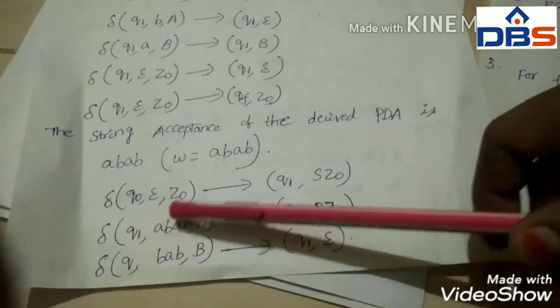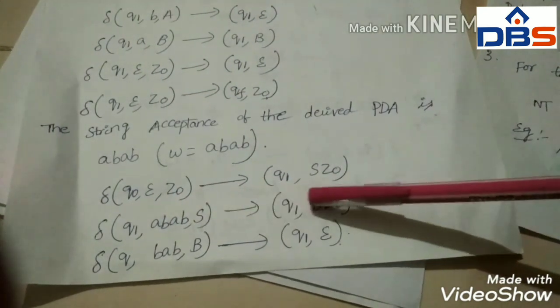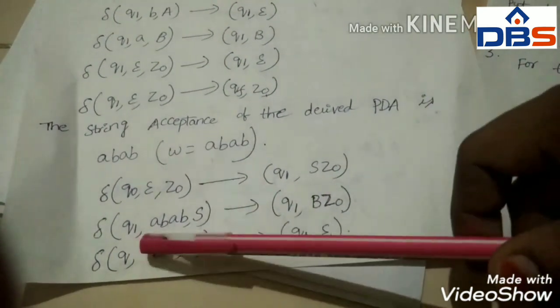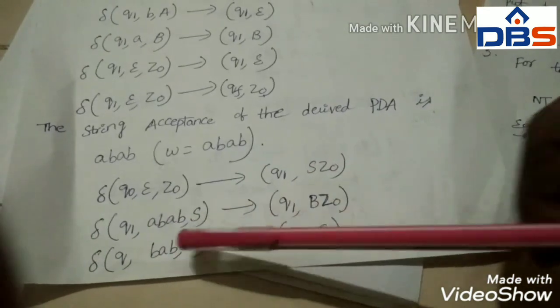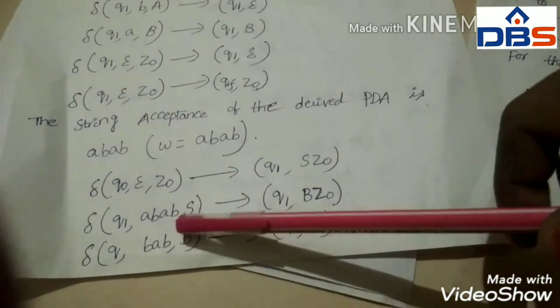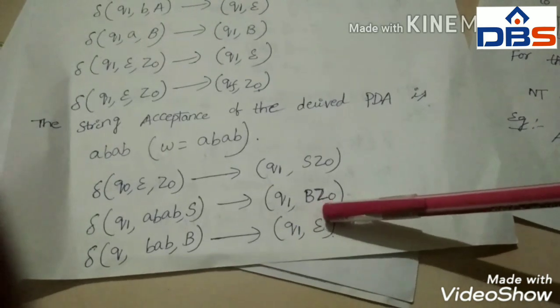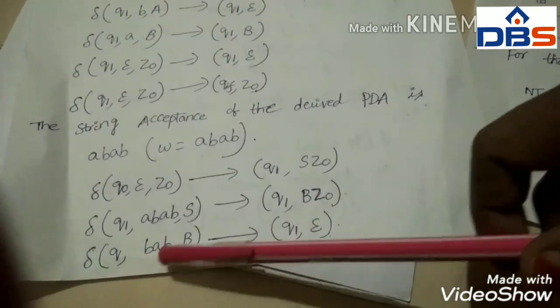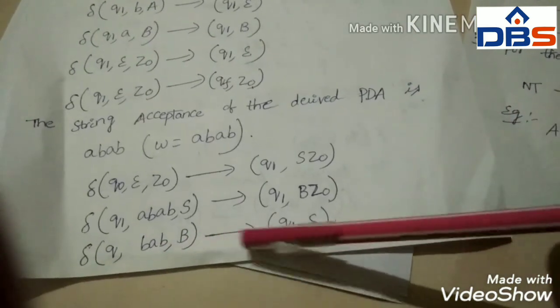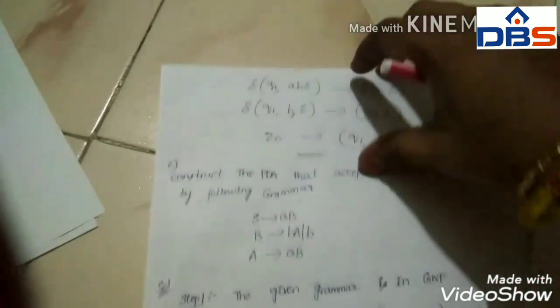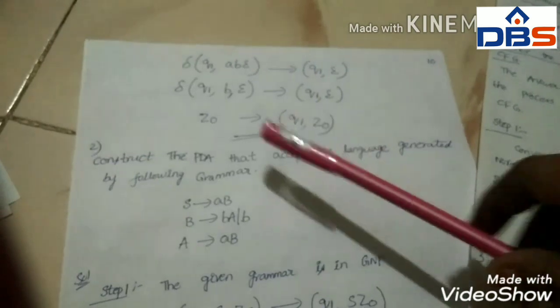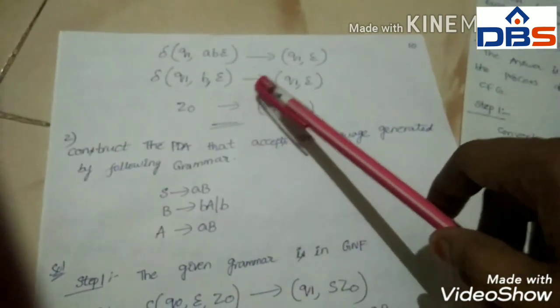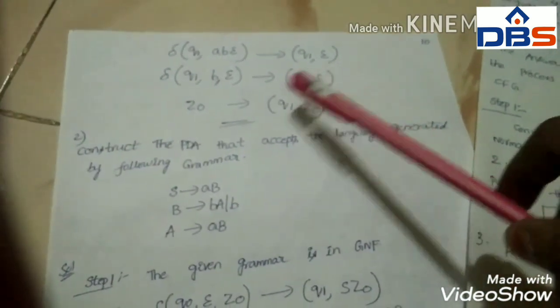Delta of q0, epsilon, Z0 tends to q1, S Z0. Here q1, S. We gave some string here. Then q1, B Z0, next q1, BAB or B, q1, epsilon. Next, delta of q0, ab, epsilon tends to q1, epsilon.